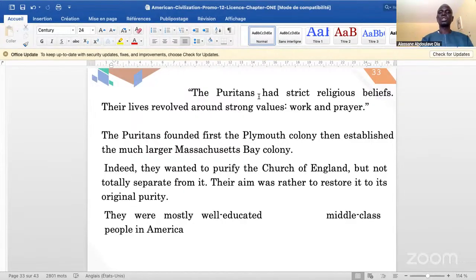So the Puritans first founded the Plymouth colony. They created the Plymouth colony. And then they made it larger. They established the much larger Massachusetts Bay Colony. It became the Massachusetts Bay Colony.